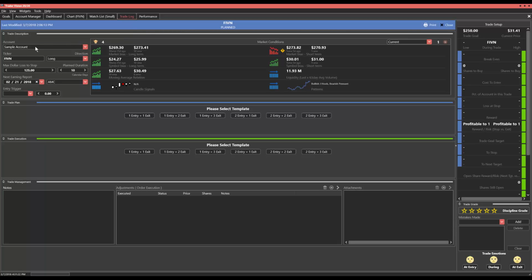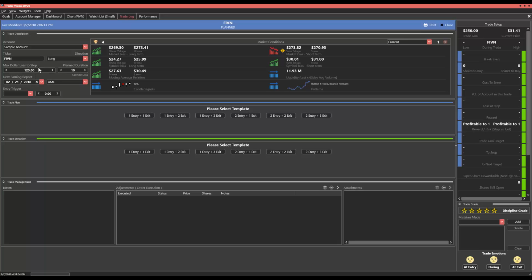Let me walk through what we've got here. So we've got basic trade information here. You put in the ticker, what direction you want to trade. You set up your position sizing according to one of the three methods that we use. I personally use the max dollar loss to stop, so that all of my trades have the same basic amount of risk, amount of loss if I'm stopped out across the trades.